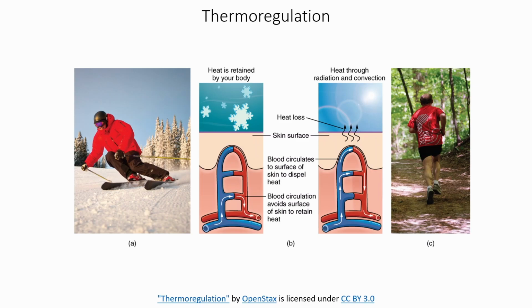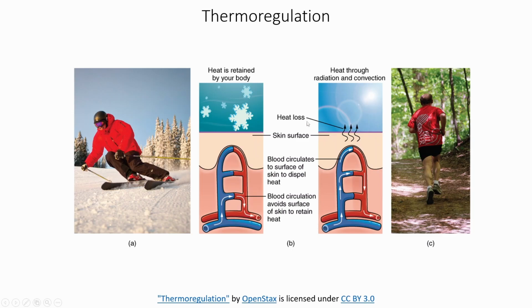So we will shunt blood to the deeper blood vessels so that we avoid the surface of the skin. We're basically keeping blood from going all the way up here. That way blood stays deeper down in the body. We lose less body heat, because as we get closer up here, some of that heat can dissipate out. We don't want that if it's super cold out, so we keep it close down here.